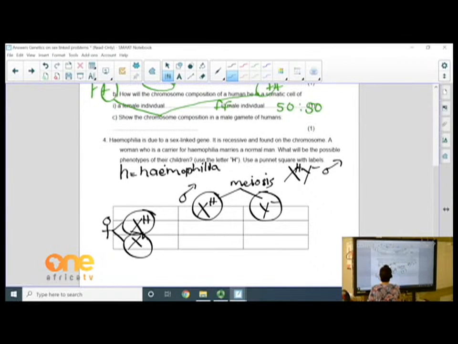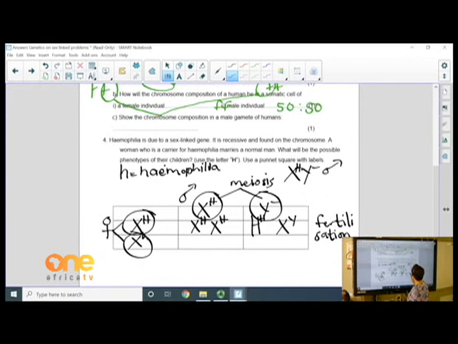Okay. Good. Now we are going to look at fertilization. And here we will have X capital H, X small h, X capital H and Y, X small h and Y.